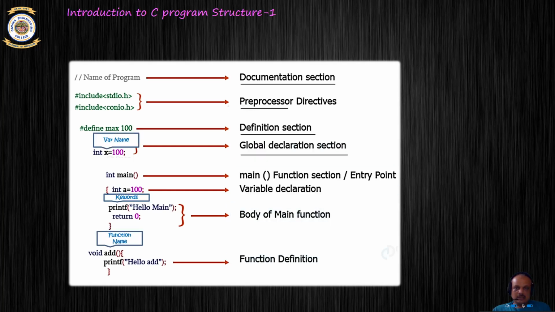So that was a brief overview of the structure of the C code. Looking deeper into the structure, we see that there are variable names, function names, and keywords inside the C code. The variable names and function names are called identifiers.